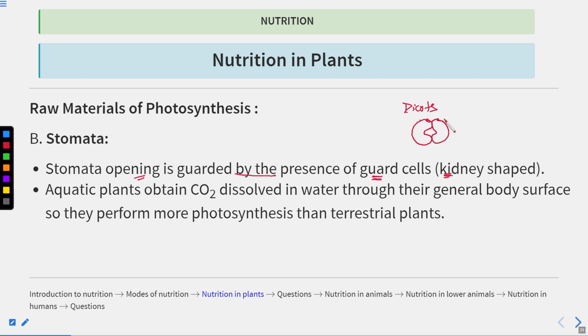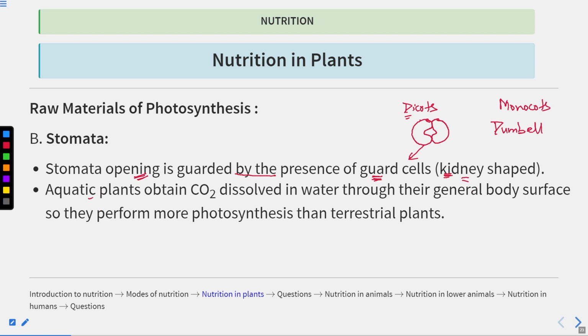So these are the guard cells. And in monocots, they are dumbbell shaped. If you talk about guard cells of the monocots, these are dumbbell shaped. Now, the opening of this stomata, known as stoma, is guarded by the presence of the guard cells, which are kidney shaped in the dicots.